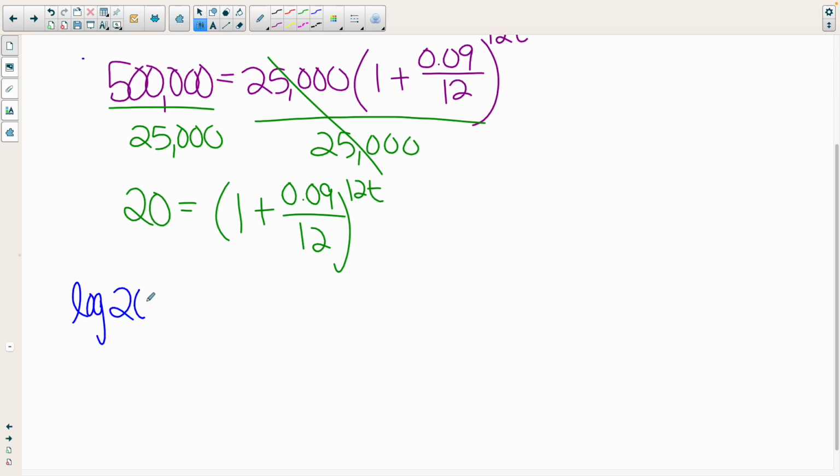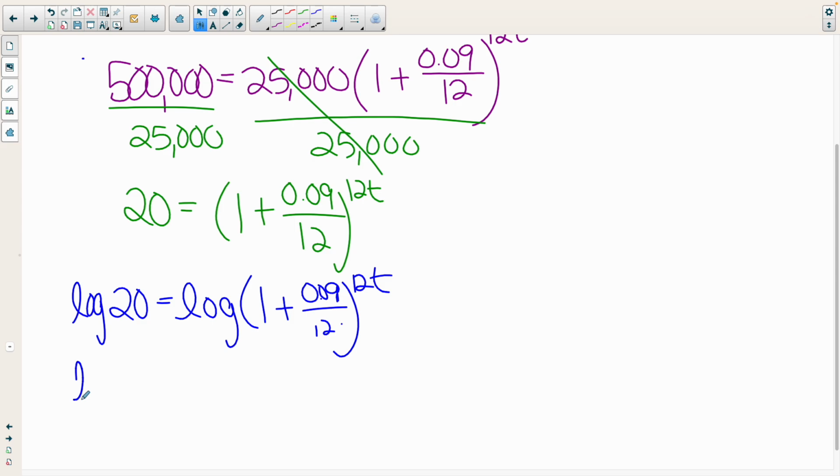So log of 20 equals log of this big base. That's what allows us to bring that 12t to the front, and then hang on for a second because I want to show you something. 12t comes down because of the power rule.